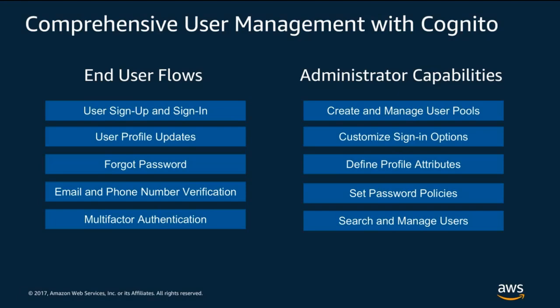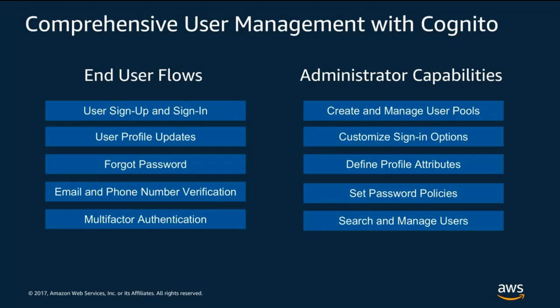And then there's the administrator capabilities, which you will do as the owner of this sports fans application that we spoke about. Here, you can do things like creating and managing user pools. You can also manage settings specific to each user pool. You can customize your sign-in option. We've seen cases where app developers have users sign in through email, some through phone numbers, some through just the username.